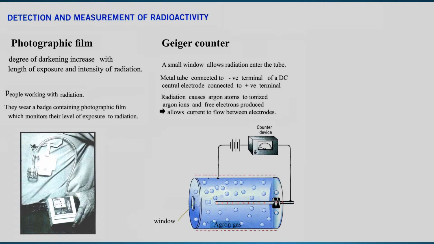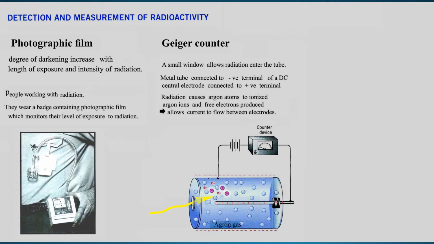And here is the window. When radiation goes through the window, it will knock the argon gas into argon ions. Argon is an inert gas; it will never become an ion unless there is radiation.